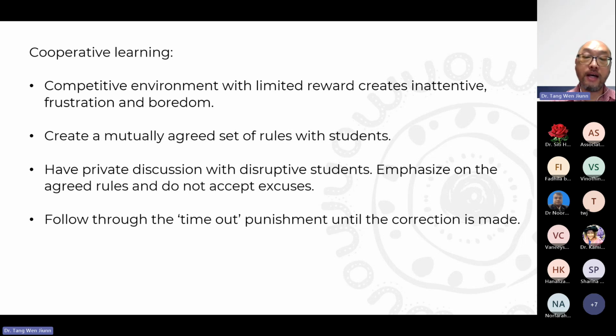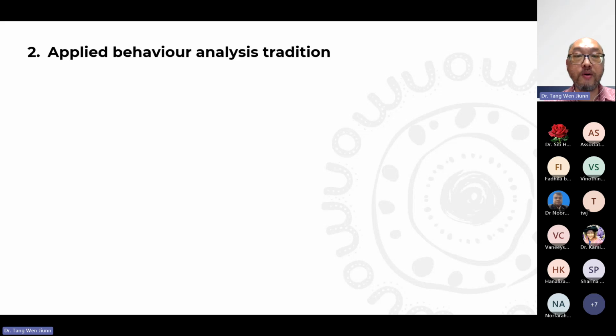If it becomes worse, we have to go to the next action. That is the first style. It's a lot of communication: talk your way out of the problems.